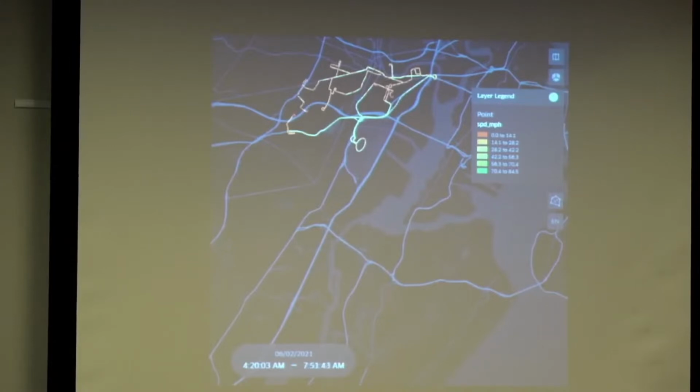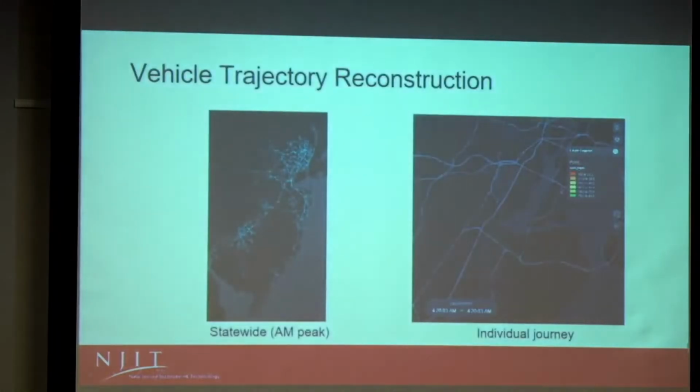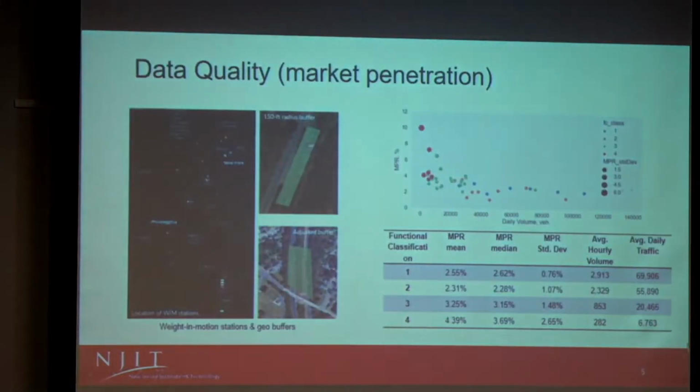So what we did is, we first investigated whether these data sets are valuable enough to be used for a lot of different purposes, including TSMO. As a first step, we looked into whether the data set itself is sufficient in terms of its sampling rate.